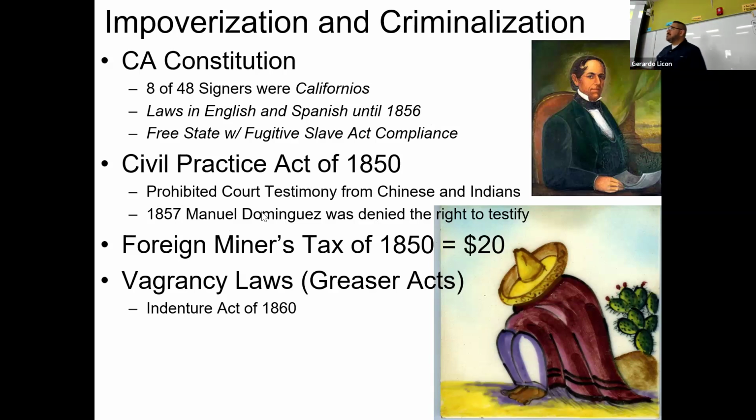Manuel Dominguez was one of those 8 original signers of the California Constitution. And even he was excluded from being able to testify in court in his own defense. And so that shows that this was applied beyond strict definitions of who's Chinese and who's Native American.